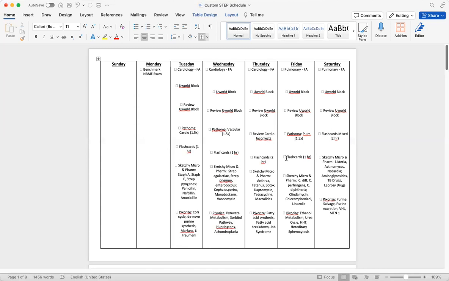The first resource, and I think by far the most important one, is going to be Free MedTube. This is a resource that you will be able to use throughout your medical school career, as well as into residency, and likely even as an attending physician as you learn and acquire more knowledge.